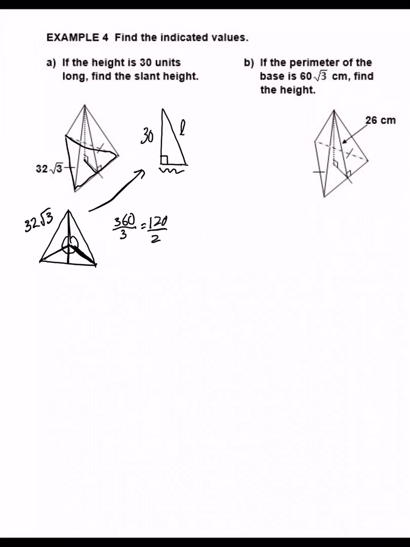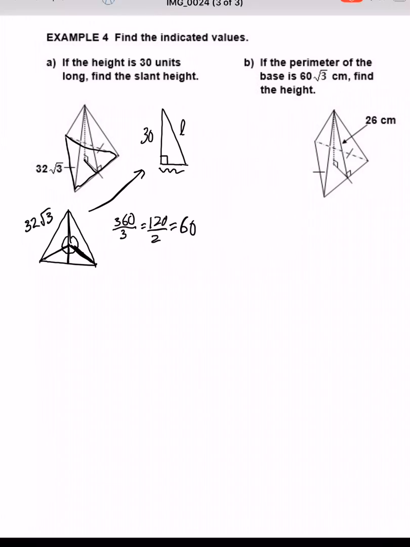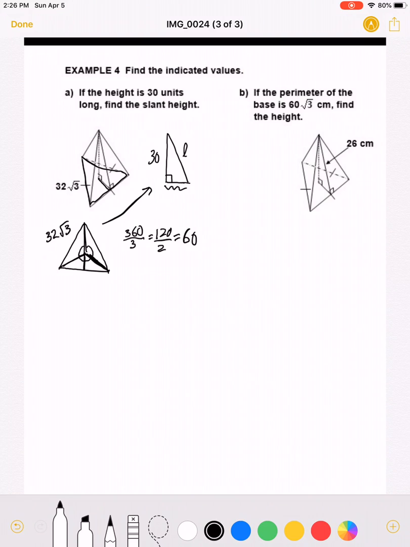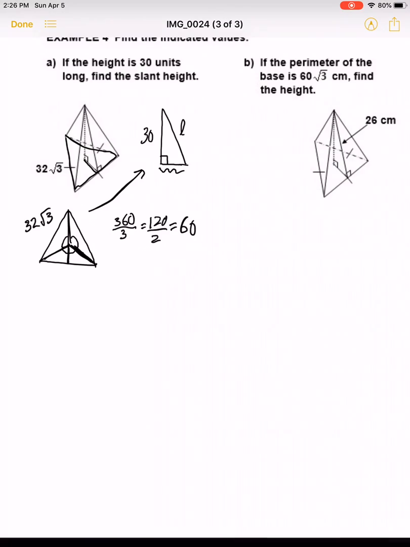So then I cut that in half and I get 60. Now that I have 60, I know that for this little right triangle here, this is 60, this is 30. This length is half of 32 root 3, so that would be 16 root 3.